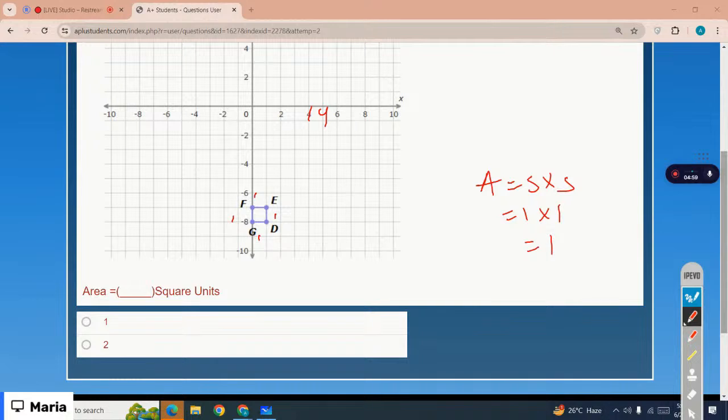So the correct option is 1. The area of the square is 1.